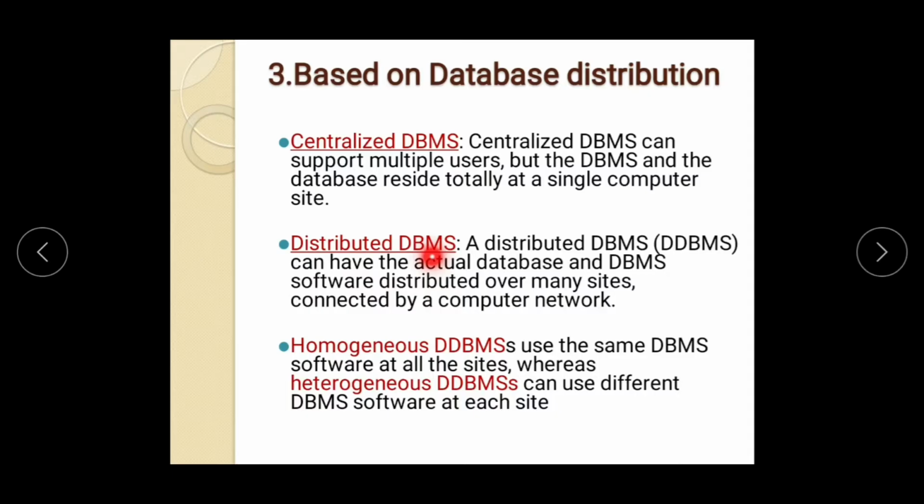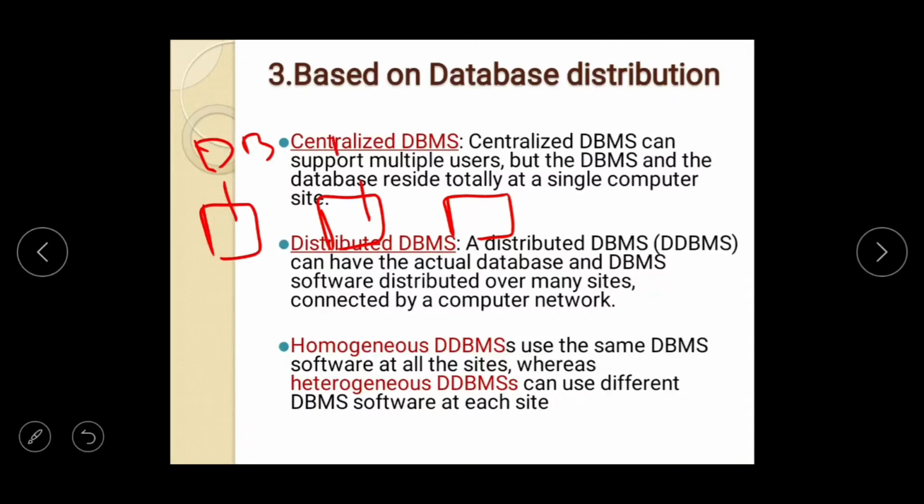This distributed DBMS is further classified into homogeneous and heterogeneous DBMS. Homogeneous DBMS uses the same DBMS software at all the sites. We have different computer sites, different systems. Say 3 systems, all having a separate database.